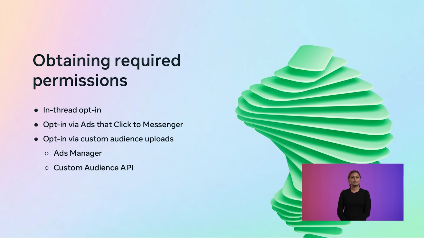There are 3 different ways you can retrieve permission from users to send marketing messages: in-thread opt-in, opt-in via ads that click to Messenger, and opt-in via custom audience uploads. This can be done through Ads Manager or Custom Audience API.